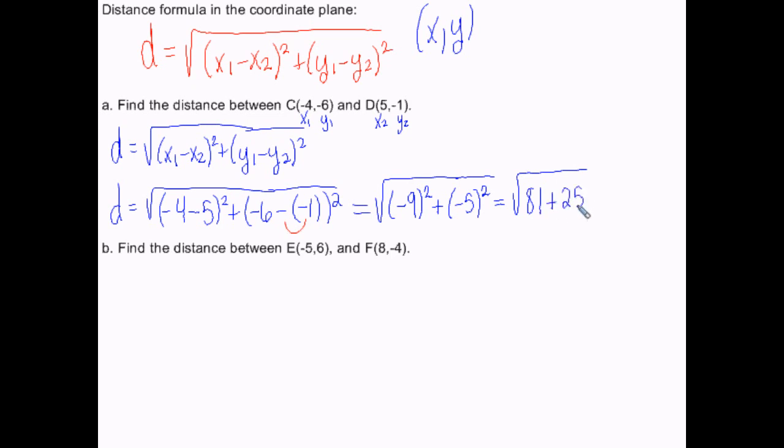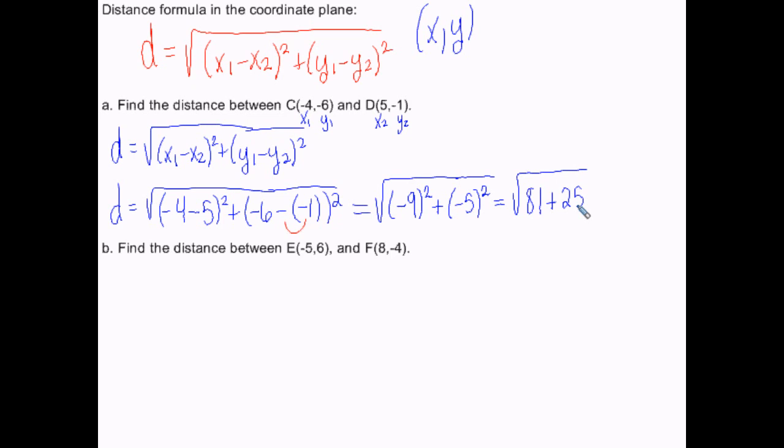Now, on the distance formula, once you start squaring, these two numbers will never be negative, because you're squaring something inside the parentheses. So if you get to this part and either of these are negative, there's a mistake. They need to be positive, so just double check your work, okay? So these will always be positive on this stage here.